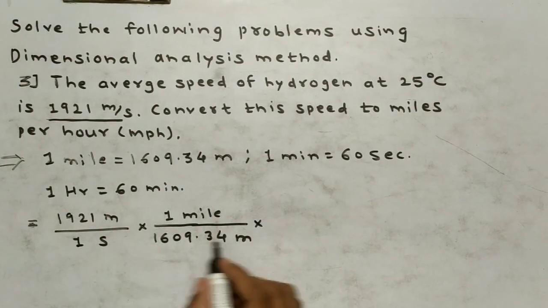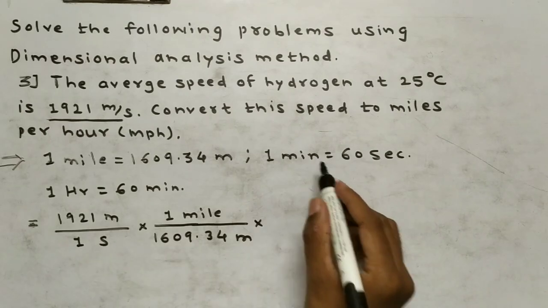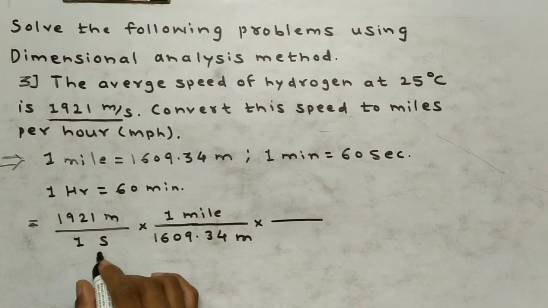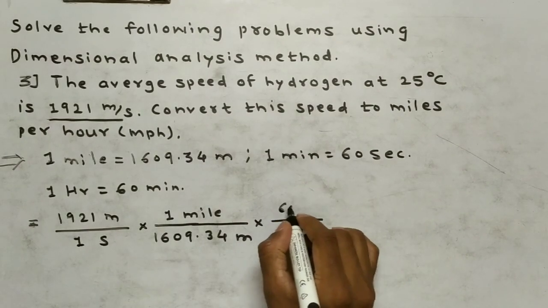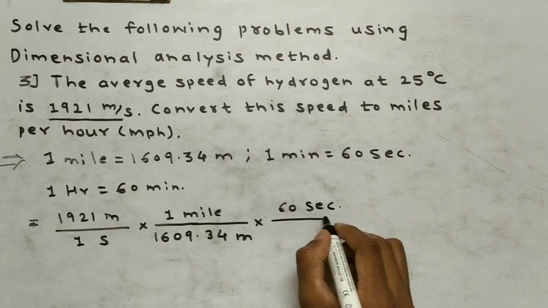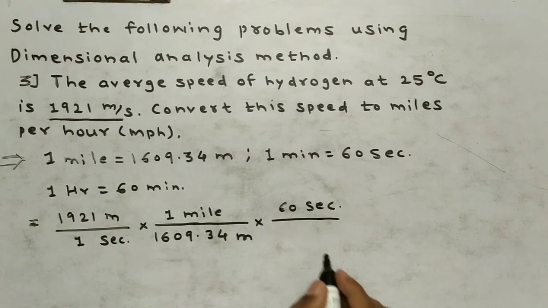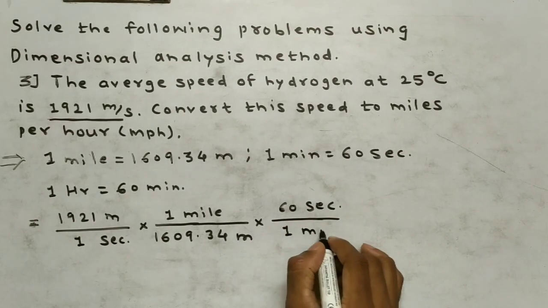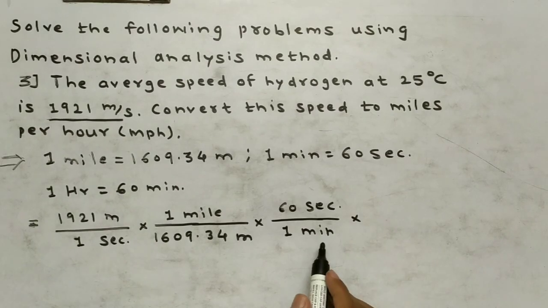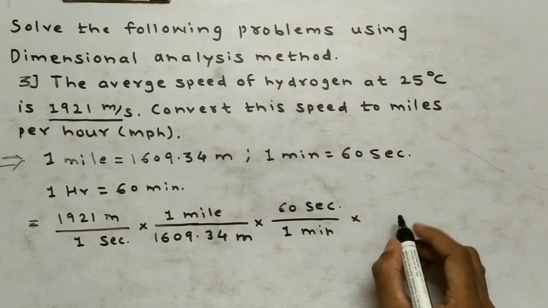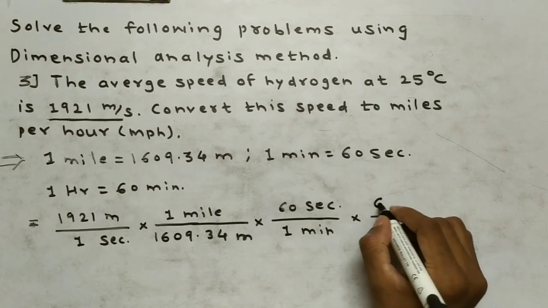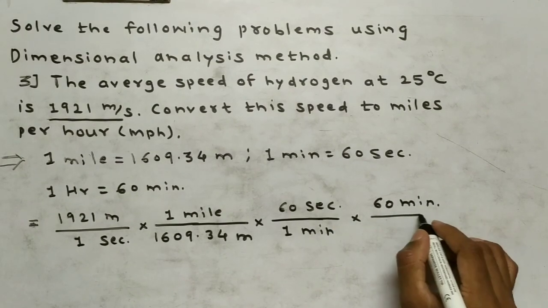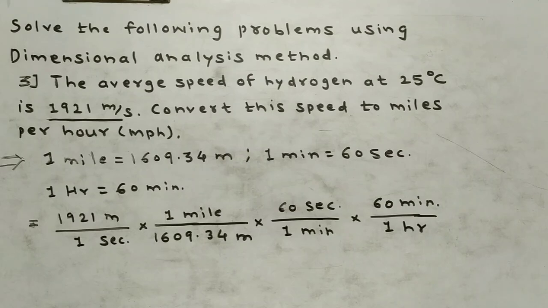Now seconds and minutes, we have this conversion. So seconds is in denominator, so we'll write this 60 seconds in the numerator, and 1 minute. Now we have the conversion factor between minutes and hour as well, so we'll write it this way. So minute should be in numerator, so 60 minutes and 1 hour.